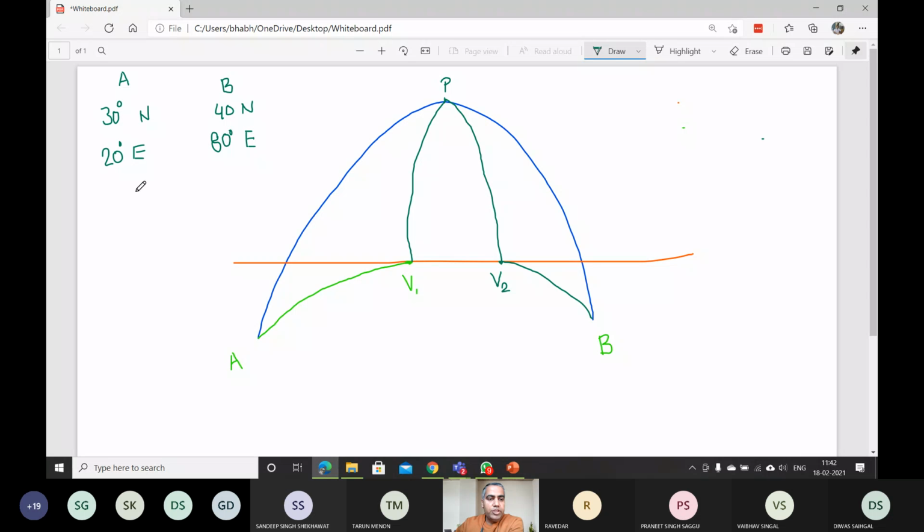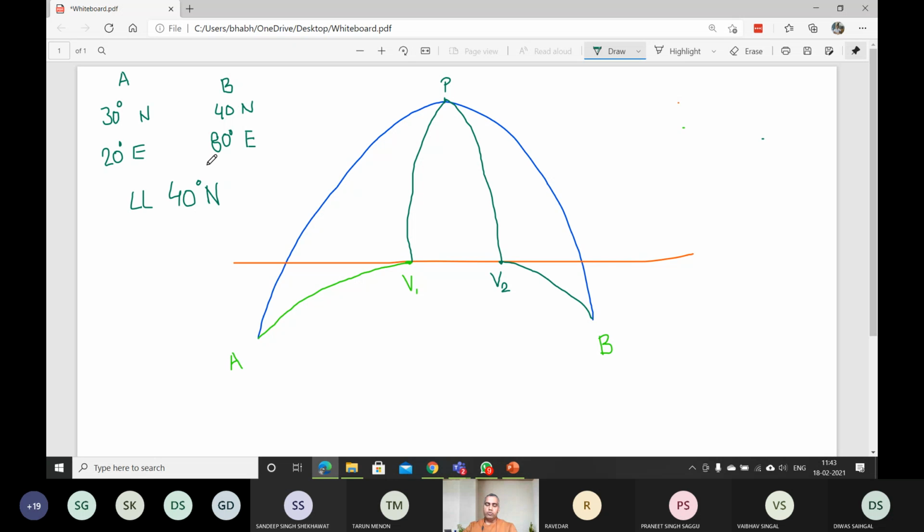Then they give you the limiting latitude and you see that the limiting latitude is also 40 degrees north. So the latitude of our destination port, port B, is matching with the limiting latitude. Both are at the 40 degree north parallel of latitude.